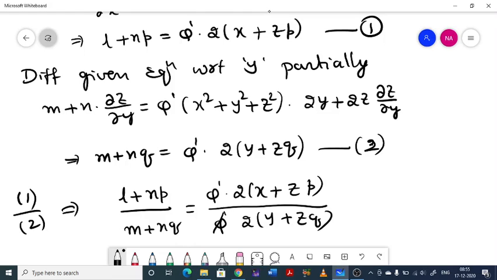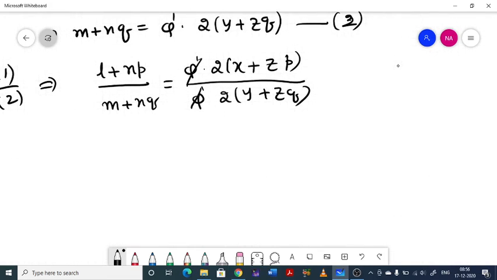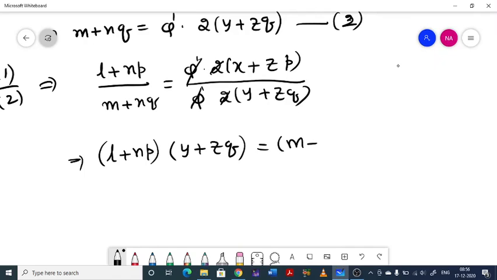So phi dash gets cancelled, and you can cancel 2 also. Cross multiplying this, you get L plus np times y plus zq equal to m plus nq times x plus zp.